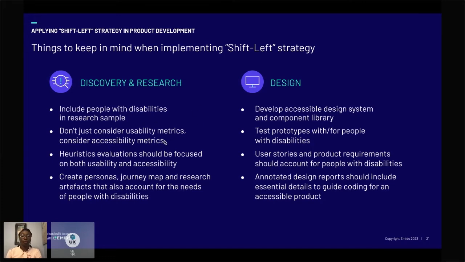And going to design, your design system is very key. If your design system has accessibility issues, it's a given that the product will most likely have accessibility issues. So, for instance, if you have color palettes with poor combinations, there will be contrast issues, and somebody with low vision will not be able to interact very well with your product.